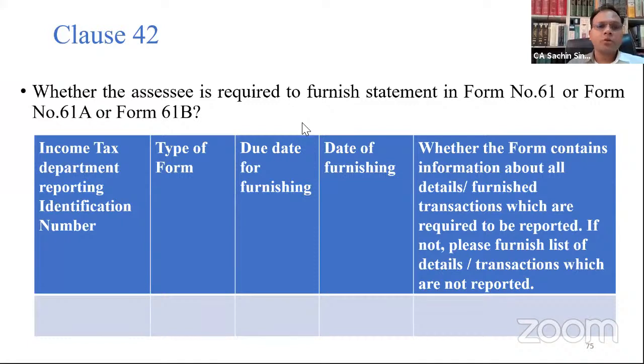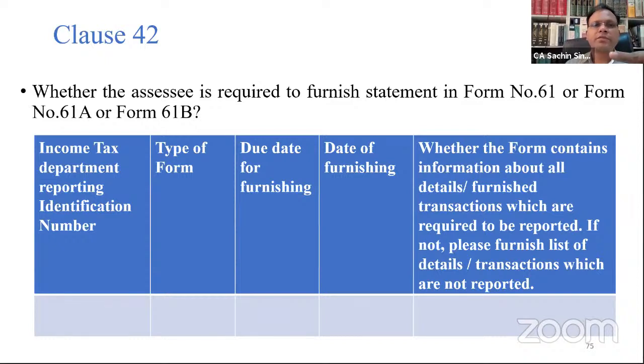So clause number 42, that is again important, relating to 61A filing of SFT forms, that is, specified financial transactions. As per rule 114E there are around 11 or 12 items, but generally two points are relevant for us. If the accounts are auditable under 44AB, and the assessee has received any sum which is more than 2 lakh, that too in cash, that is to be reported.